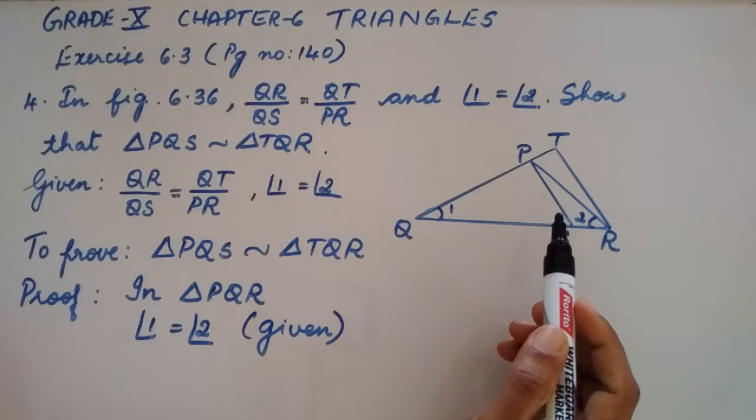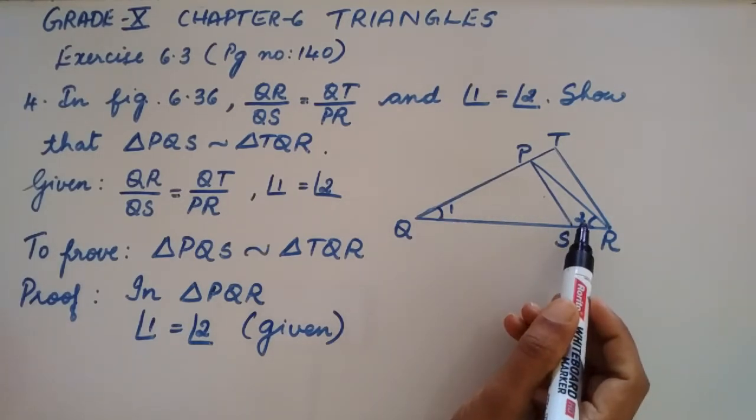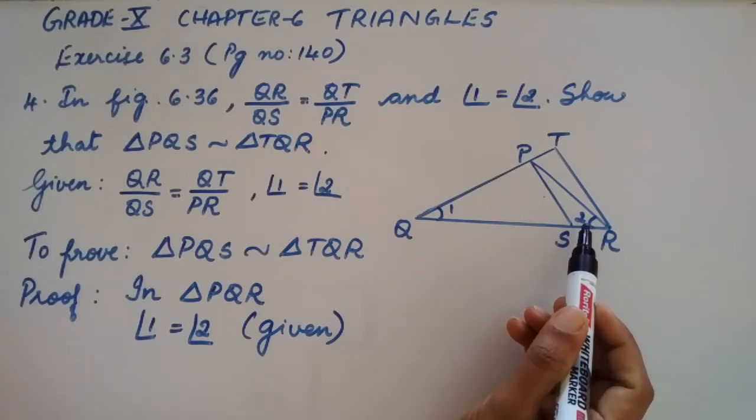Here we have two angles equal, isn't it students? So if in a triangle two angles are equal, then the sides opposite to those angles are also equal. It is just the vice versa of the one of the properties which I told you earlier.